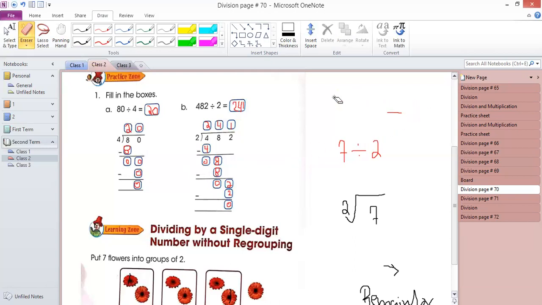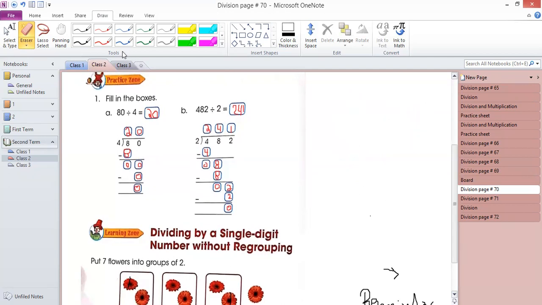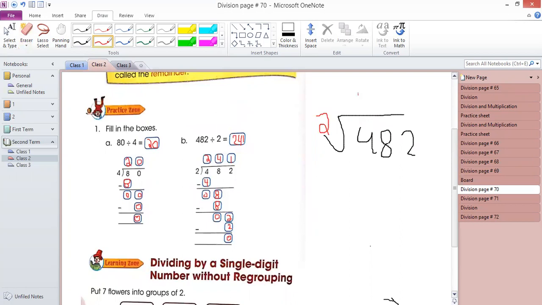The next was 482 divided by 2. You check the table of 2. First you will divide 4, then you will divide 8, and then you will divide 2. So 4 divided by 2 is 2, because 2 2s are 4.